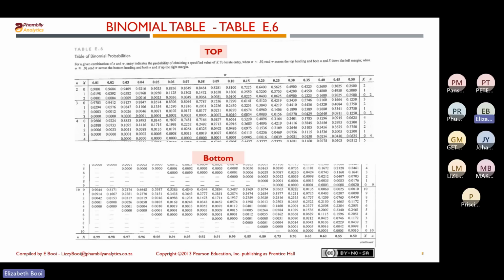Now, the two tables are connected to one another. What does that mean? It means it's a continuation from the top to the bottom or bottom to the top. There are no breakages, so you need to read them together.